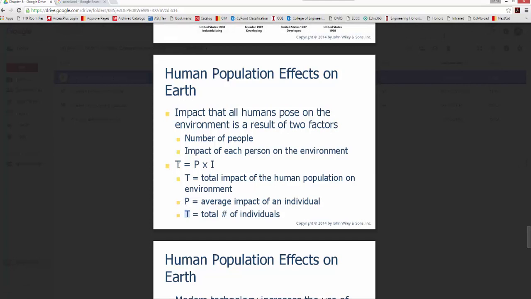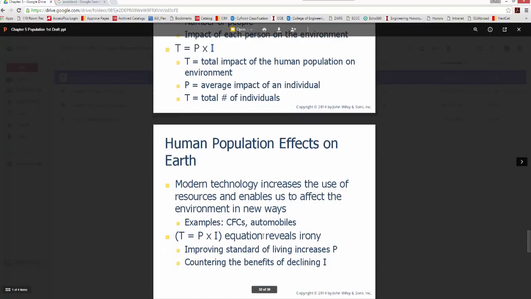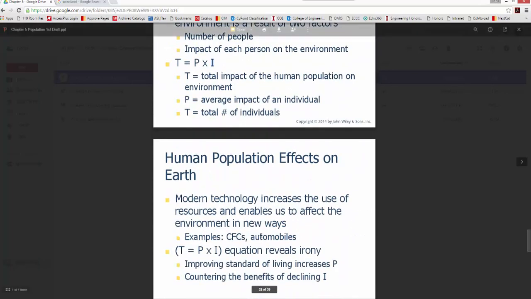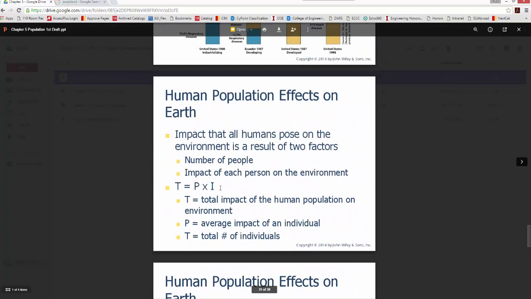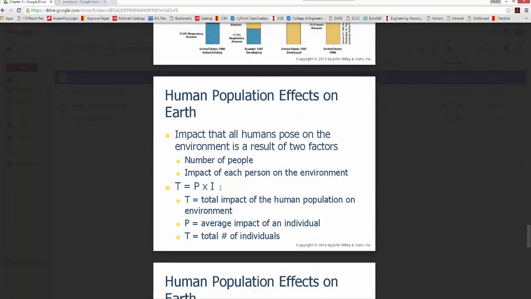So T is the total impact. We can measure the total impact that we have on the environment by taking the average impact of you and I and multiplying that by the number of humans on the earth. So, for example, if you look at the population of Bangladesh, your textbook uses this as an example.